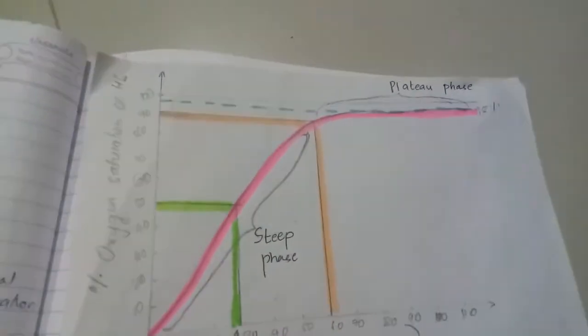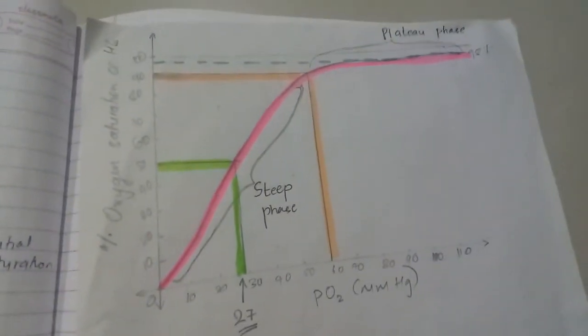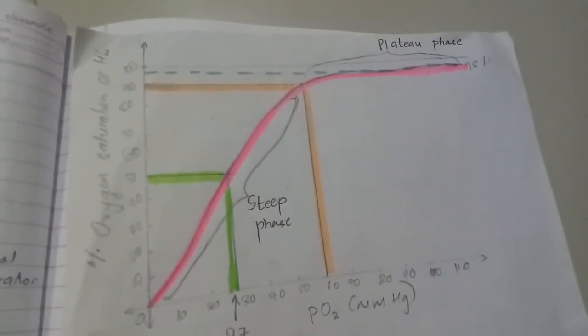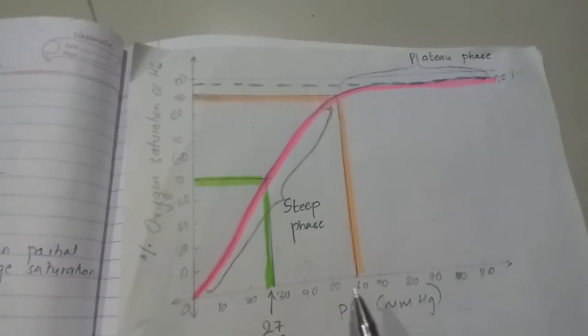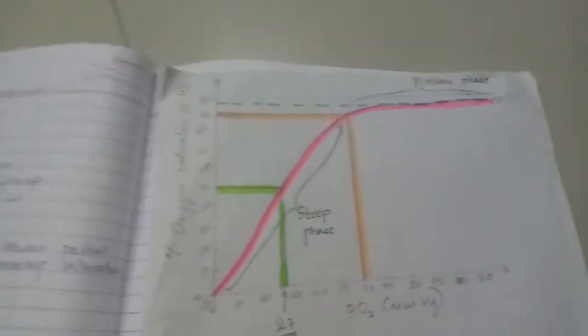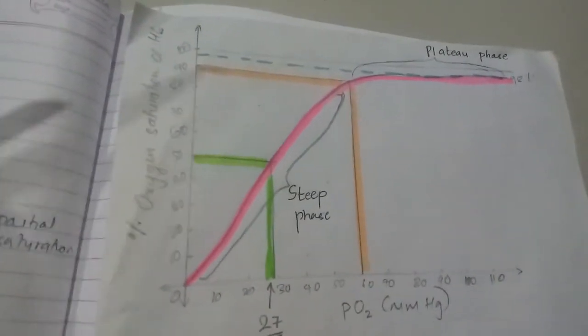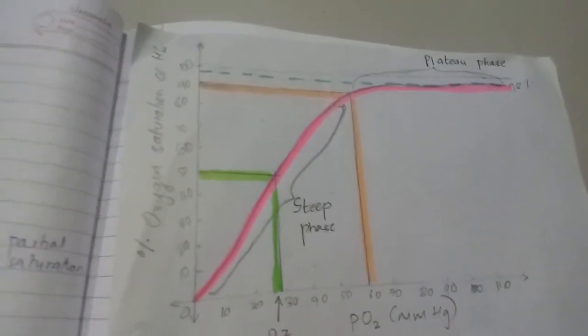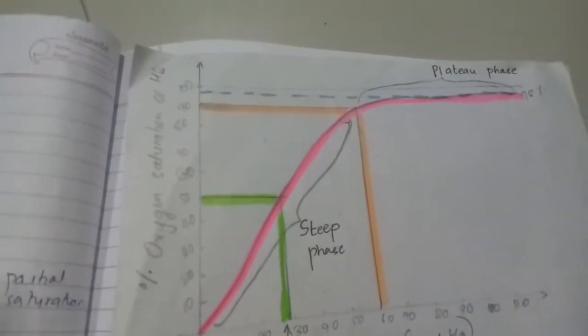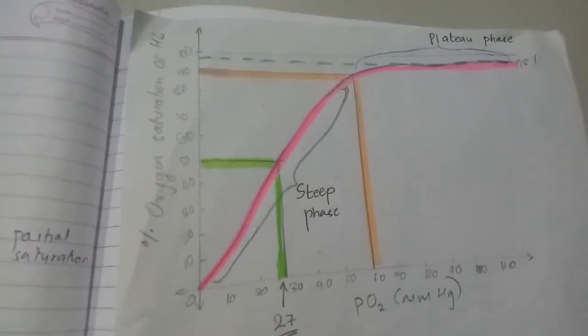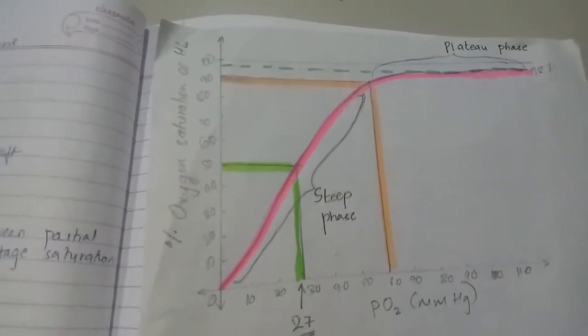And 100% is the maximum limit, which cannot be attained. So any more increase in the partial pressure is not going to affect the percentage oxygen saturation of hemoglobin. Okay, so the shape is sigmoid shape of this dissociation curve.